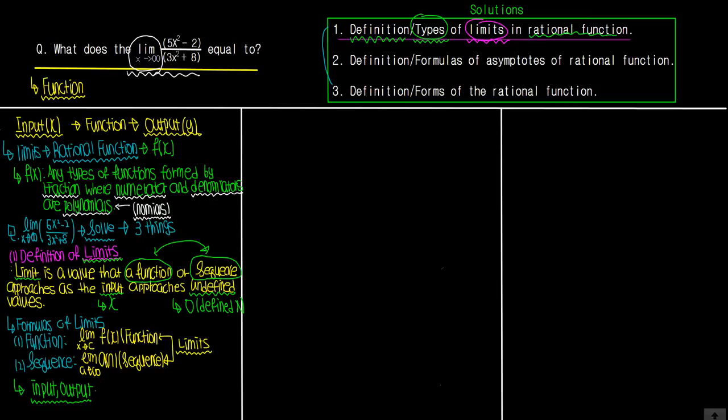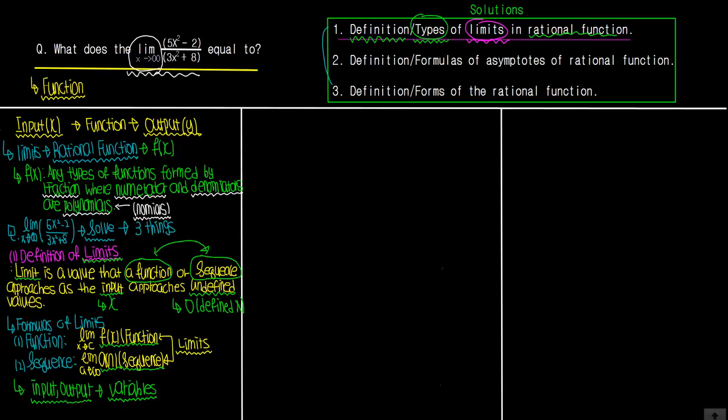For the output value, which is the most important thing in function systems, for a function we notate it as f of x, but for a sequence we notate it as a of n. Obviously a of n and f of x are variables, which means they should always vary or change depending on time. So these are the formulas of limits.